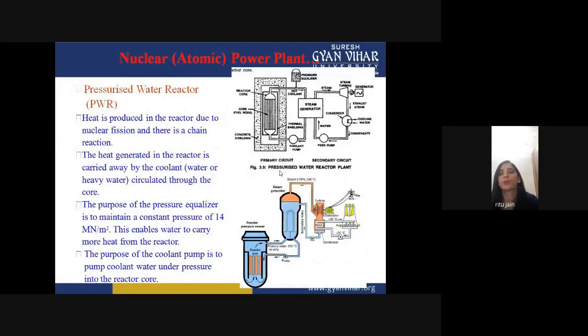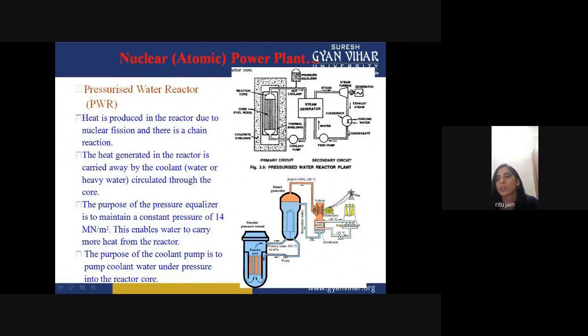Heat is produced in the reactor due to nuclear fission, and this is a chain reaction. In the pressurized water reactor plant, you can see over here that there is a concrete shielding. This is your reactor core. These are your fuel rods. You are using uranium as fuel, which is supplied through the rods.